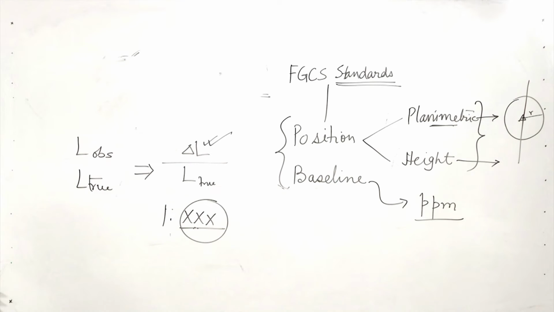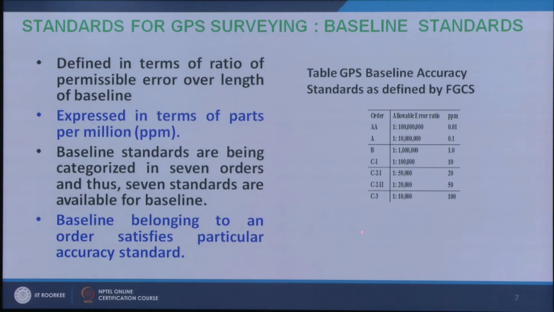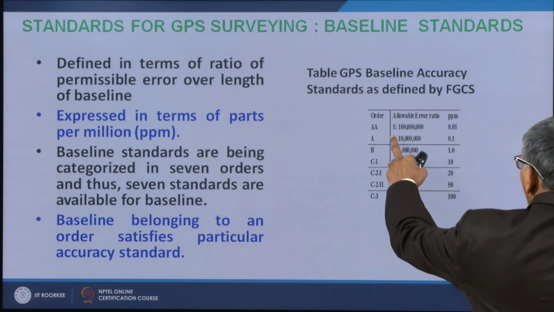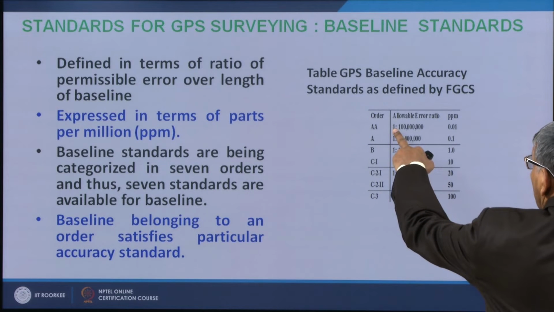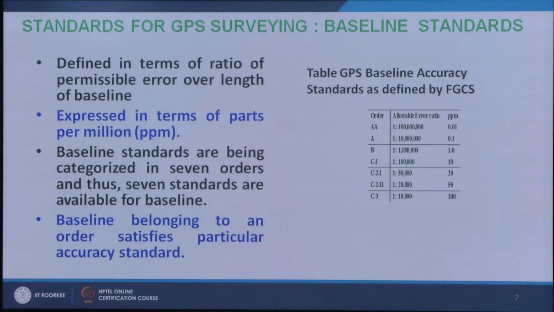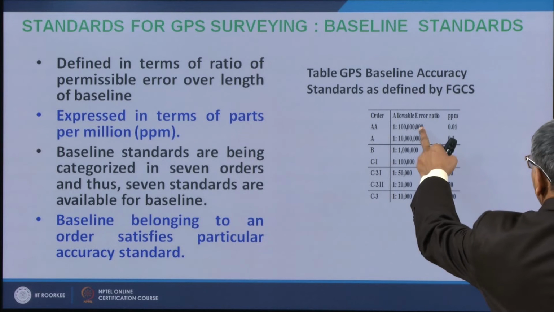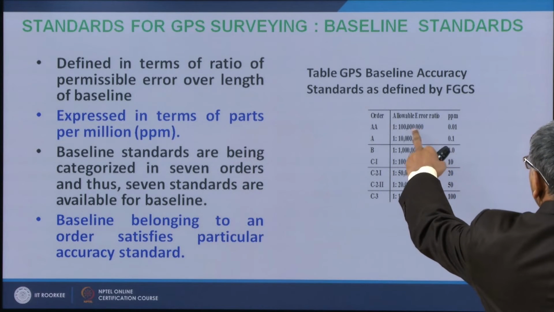So in that way you can see here that there are 7 orders in which the baseline can be defined: that means AA order, A, B, C1, C2, C3, and even 2 also, 2-1, 2-2. And the parts per million is this: 1 millimeter error in 100 kilometers.